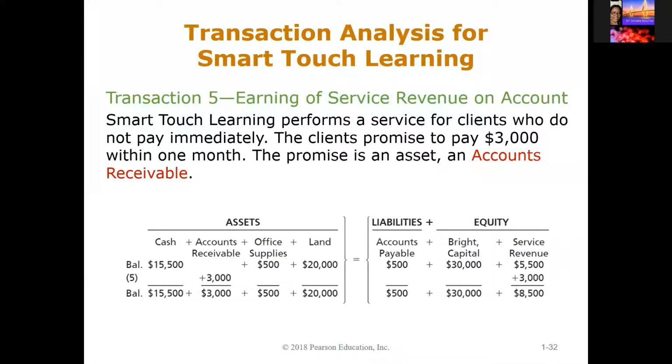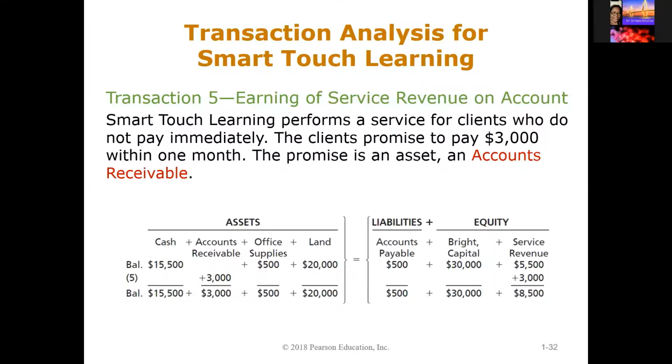In transaction 5, there's earning of service revenue on account. In the previous slide, you saw that the customer paid cash, but in this scenario, there's an account, whereas they're paying not upfront but later.